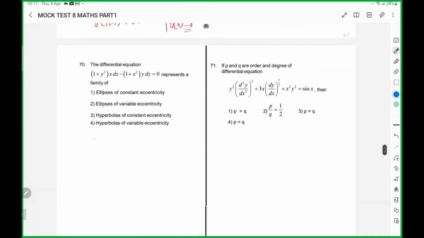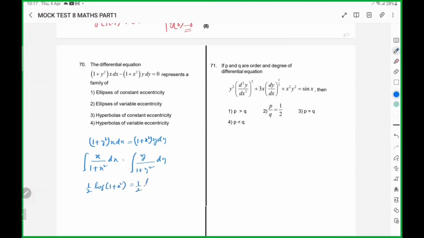Here it is 1 plus y square x into dx, 1 plus x square y dy. x by 1 plus x square dx is y by 1 plus y square dy. Half log 1 plus x square is half log 1 plus y square plus log c.